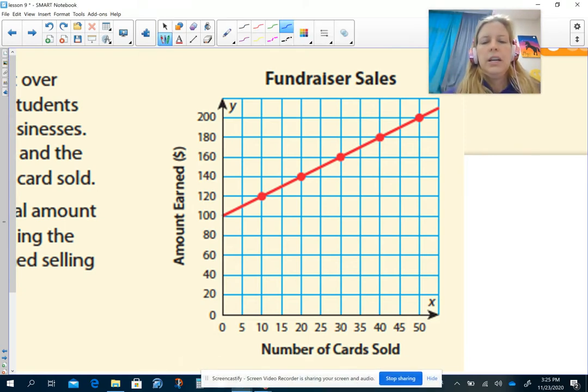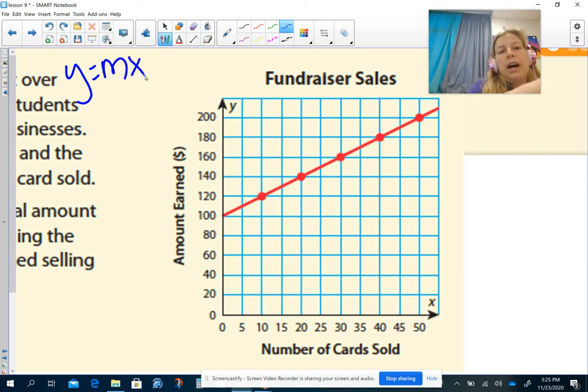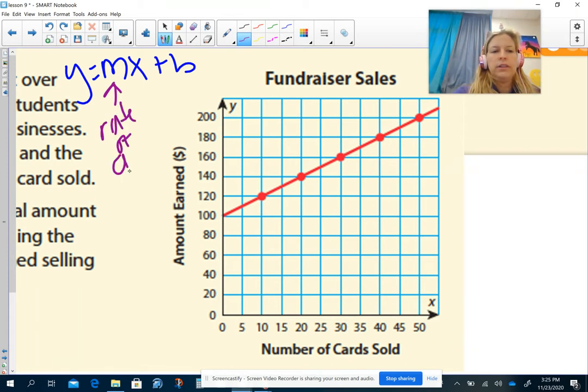All right. So a few things. We know that we're looking at y equals m times x plus b. Okay, we know that this m is our rate of change. And what is this b? Remember what that b was called? Yeah, that b was called our initial value.